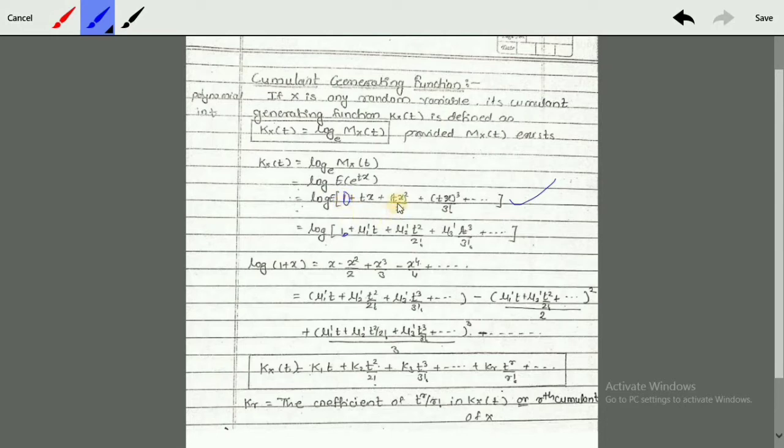Now same with this term t square x square upon 2 factorial. So t square by 2 factorial will come outside and expectation of x square will come as mu2 prime. And for this term also expectation of x cube is mu3 prime and t cube by 3 factorial is written same, plus and so on up to infinity.